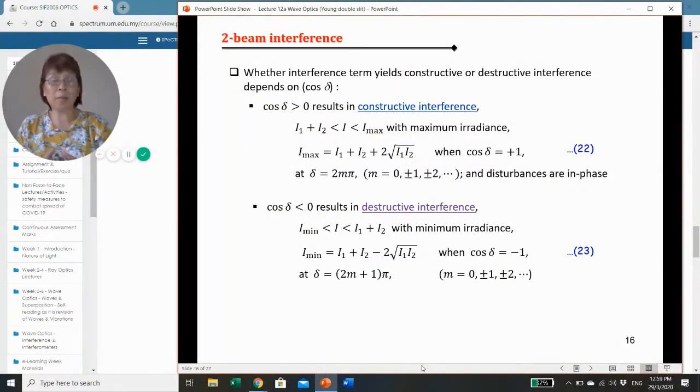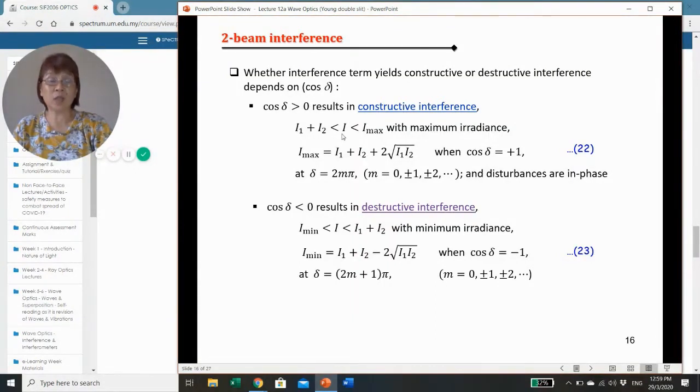So we were talking about creating the interference fringes, right? Whether the interference term will give constructive or destructive interference all depends on the cosine delta function. Now, when cosine delta is larger than 0, that will give us constructive interference, as you can see here.